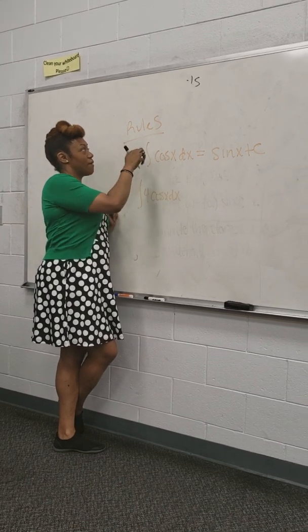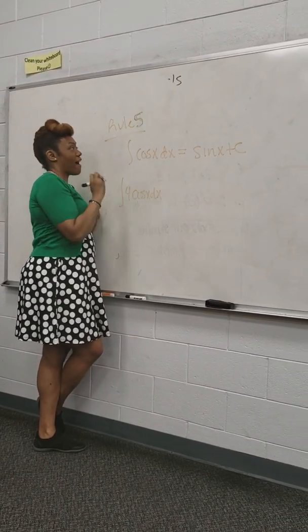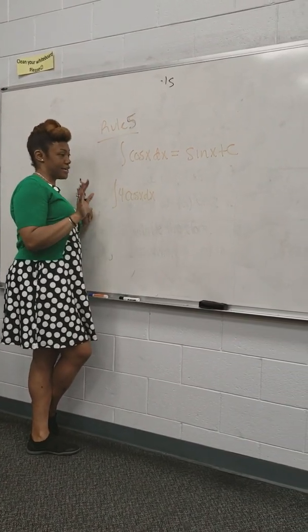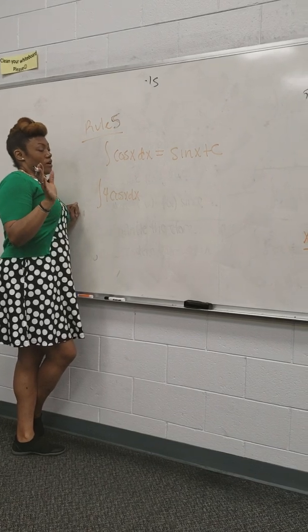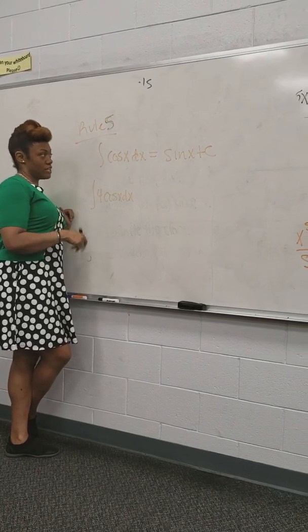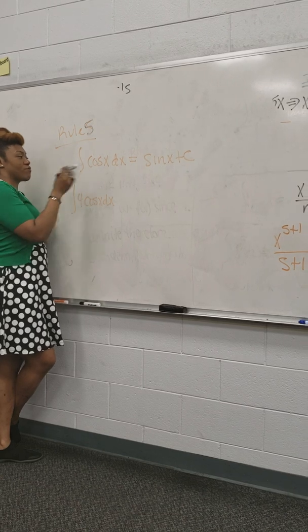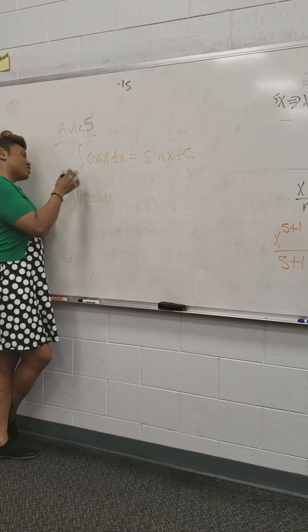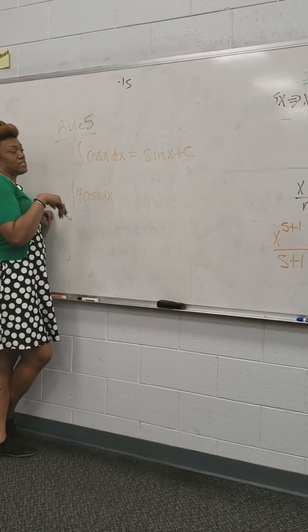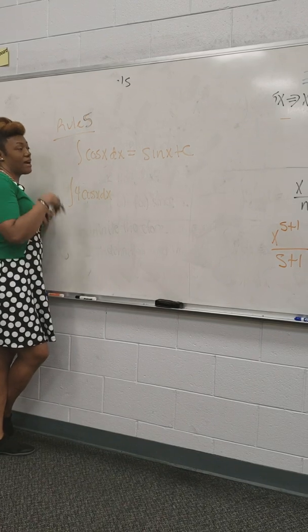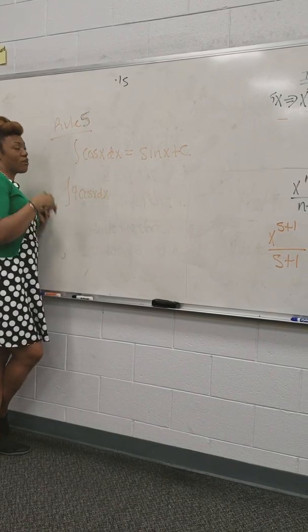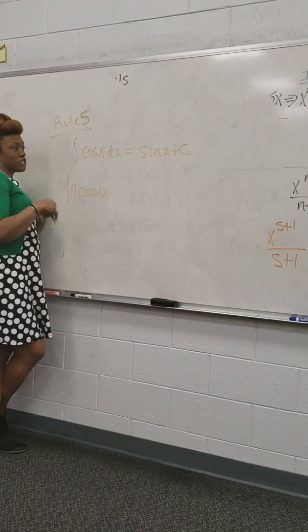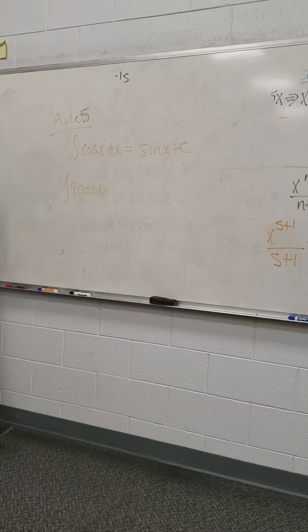All right, so to finish up, the last rule, number 5, is to make sure you can do at least your trigonometric functions, right? So rule number 5 is you have the integral of cosine x dx, right? The integration of that, or the antiderivative of that, would just be sine x plus c.